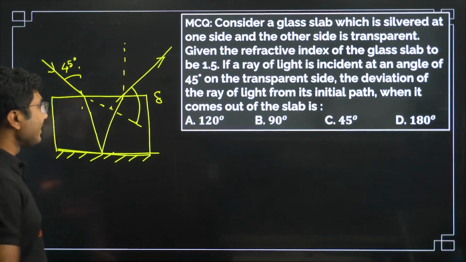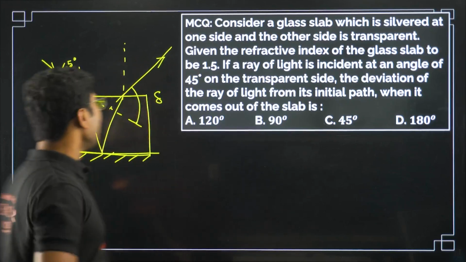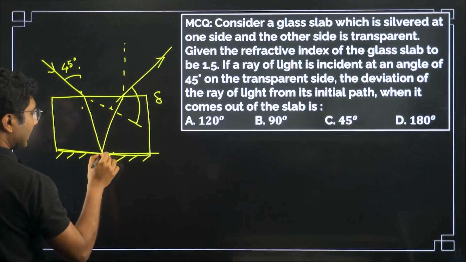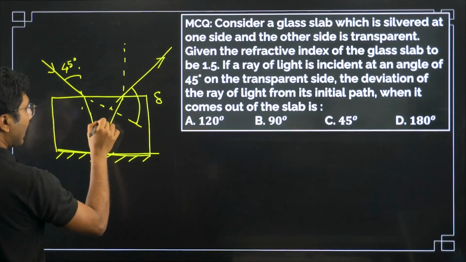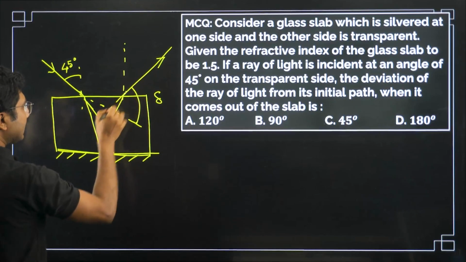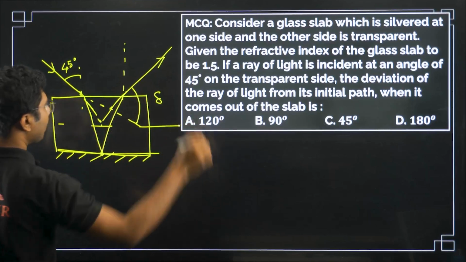Here it is a very simple logic. Because this angle is 45 degrees, you can consider the apparent depth, where the height will rise to some point, and consider this as the position of the mirror.